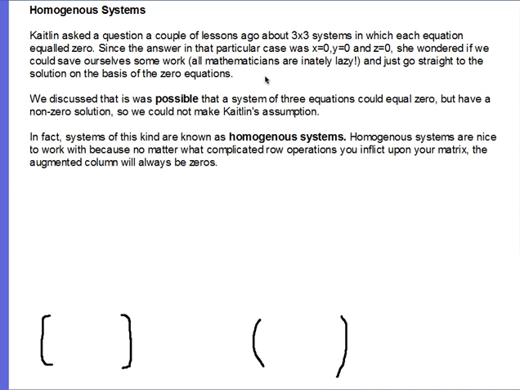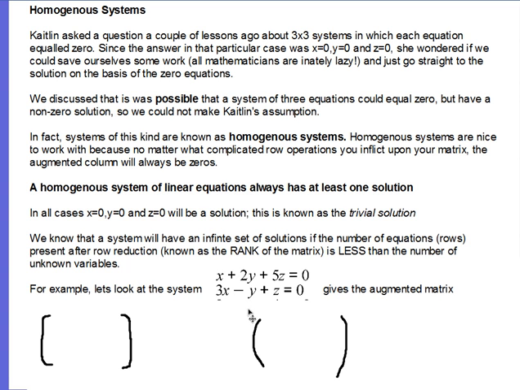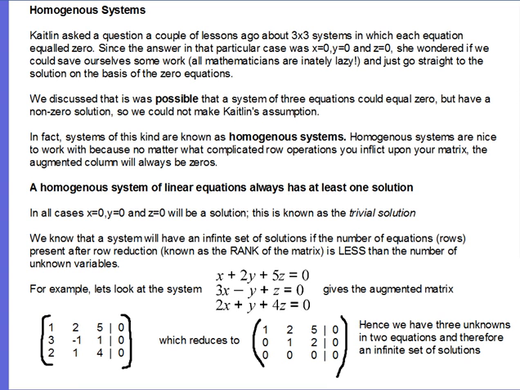However, we then had a discussion about how it was a possibility that a system of three equations which equals 0 could have a non-zero solution. So we left it there at that point, but I'd like to go a little bit further with it today. In fact, when we have a system of this kind, it's known as a homogeneous or homogenous system, however you want to pronounce it.